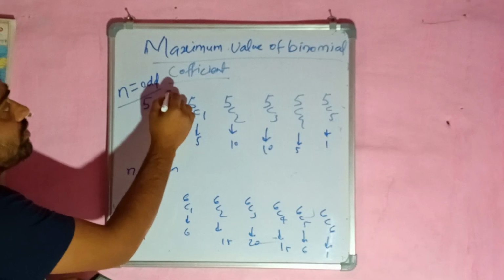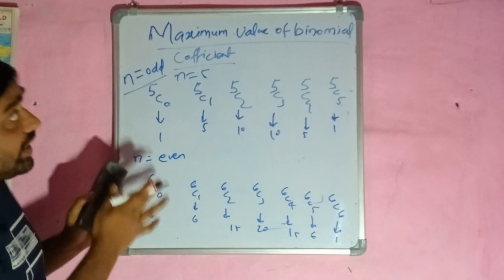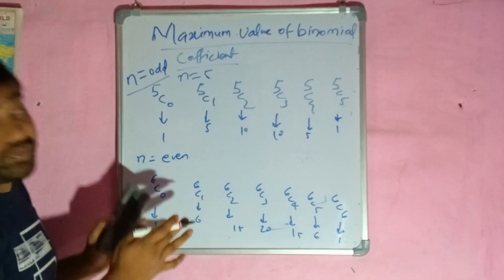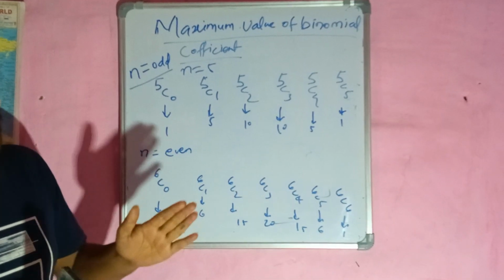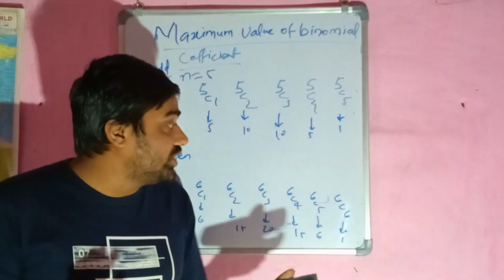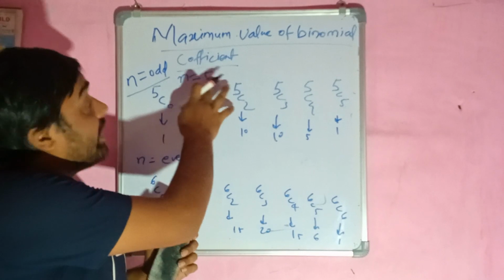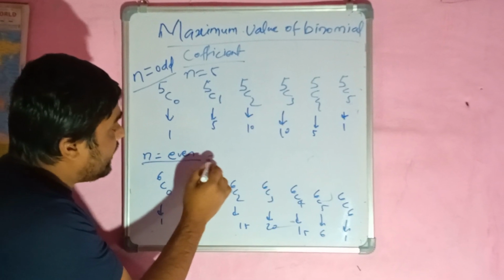Odd means here I have taken n is equal to 5. So the main thing I am saying is at which value of r you can find the maximum coefficient value. Understood? Here I have taken n odd, that is 5, and here I have taken n even, that is 6.